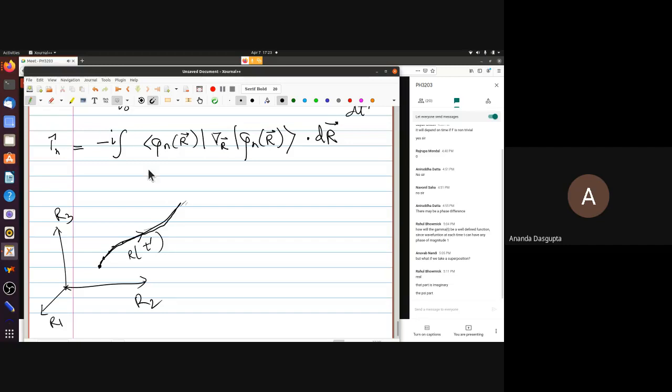You are going to get the same value, which depends only on the particular path which is traversed in the parameter space. Does this point make sense? Yes, no?